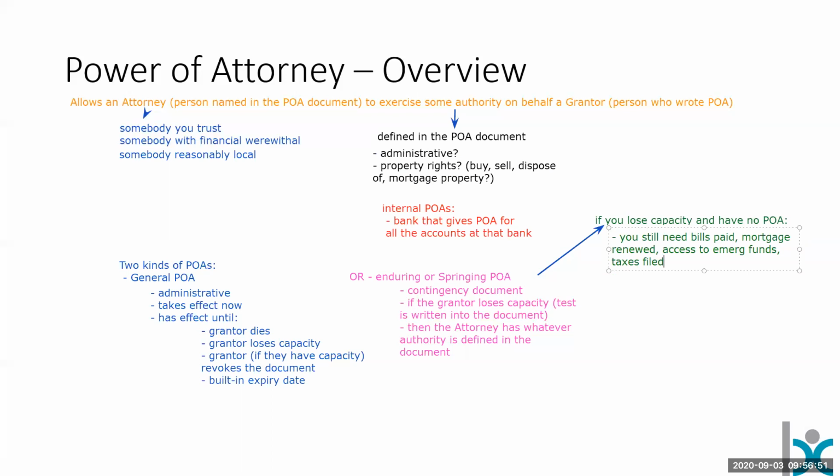Although to be fair with taxes, if you have a medical problem that's caused a loss of capacity, you can apply to CRA to give an extension, but easier to file them. Okay, so all that stuff still has to be done. Okay, auto insurance renewed. Okay, bank accounts dealt with, minimum credit card payments made, all that kind of stuff.